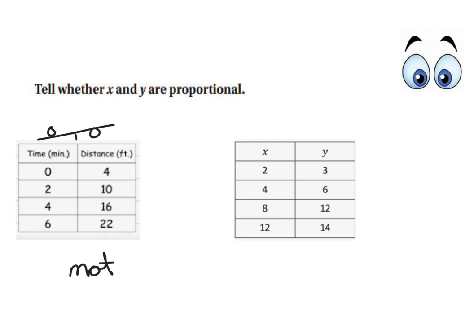Now let's also look at the invariant relationship to confirm. 2 times 5 would be 10, but 4 times 5 would be 20, and we have 16. So there is no invariant relationship here, and we do not end up with the 0, 0 in our table. So 2 ways to prove it, not proportional.